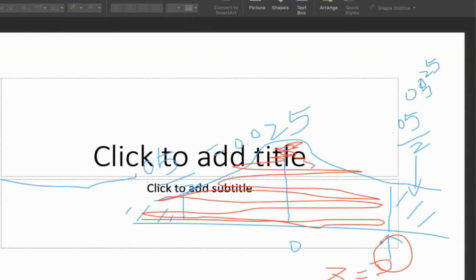We can calculate it with the NORM.S.INV function, and you put in, from this area shaded in red, 1 minus 0.025, which equals 0.975.